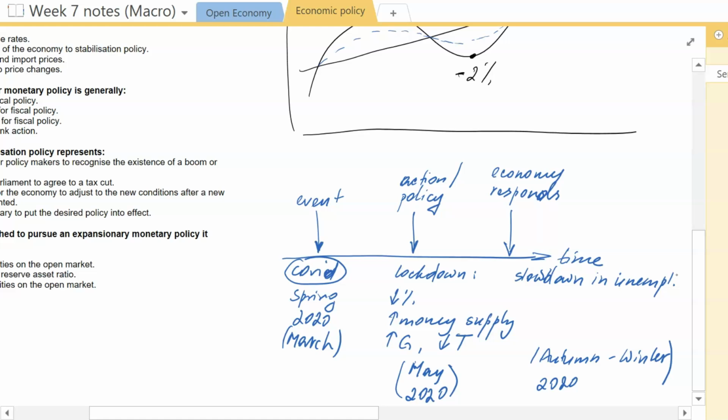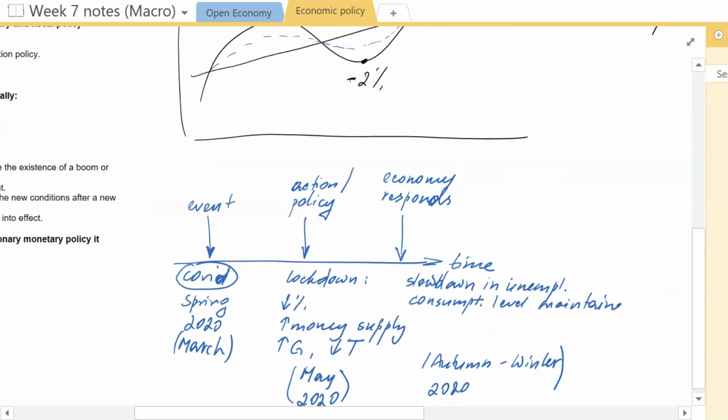Due to furlough payments, some people will be able to keep their jobs, businesses will keep running, right? And the unemployment level will not increase as much as it could, right? Consumption level maintained. People were not starving because they've lost income, and so on, right? Inflation growth is reduced due to some other measures, due to price control or whatever. So generally, there will be some reaction.